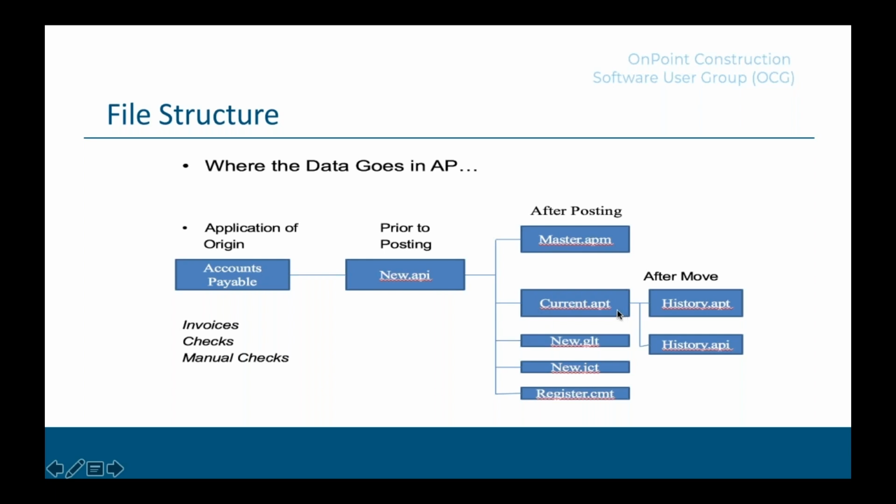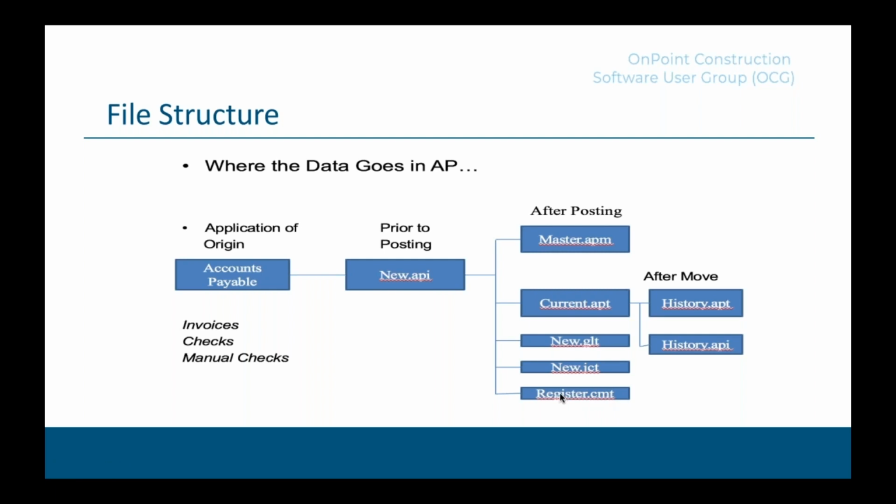But then it also sends the information to the new.glt, the general ledger file, and to the job cost file. And if you did some checks or manual checks, it also sends it to the register CMT, the cash management transaction file.